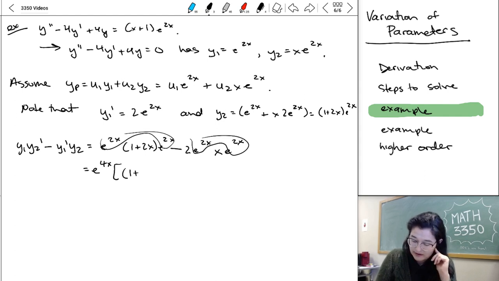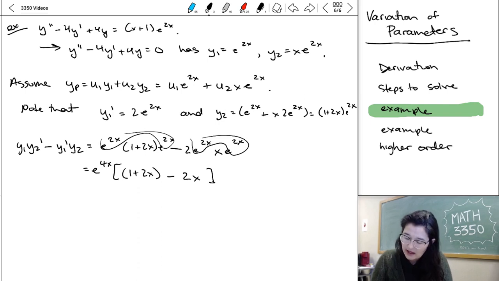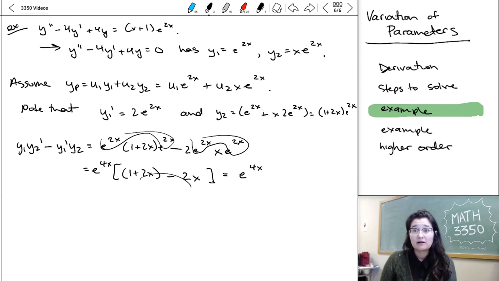So I had 1 plus 2x from the first term, and then minus 2x from the second term. If factoring out that e to 4x didn't occur to you right away, it would happen once you started distributing and canceling out terms. But these 2x's cancel out, and so I'm just left with e to 4x as this complicated denominator of all my fractions. It actually ends up being quite nice.